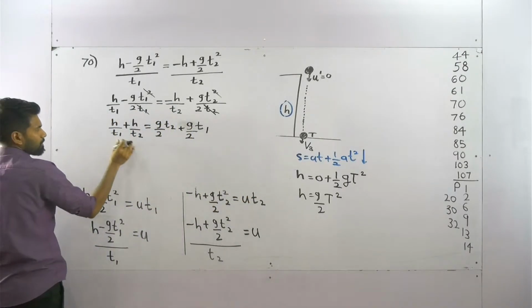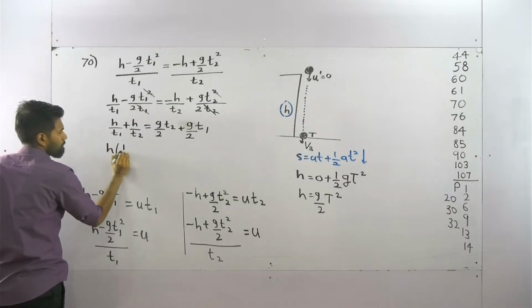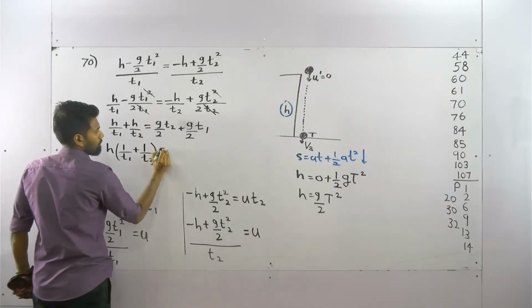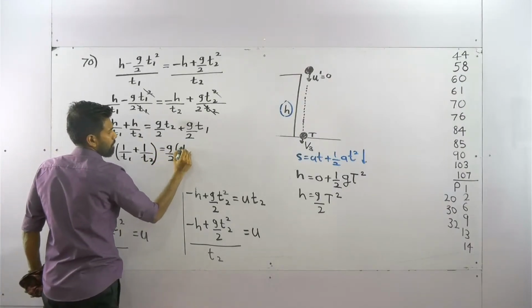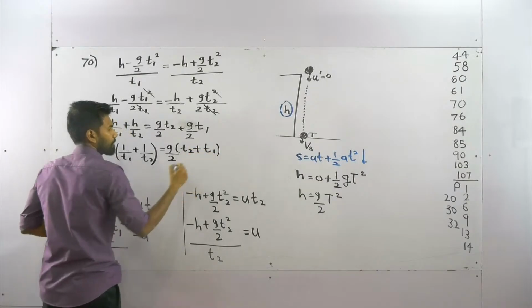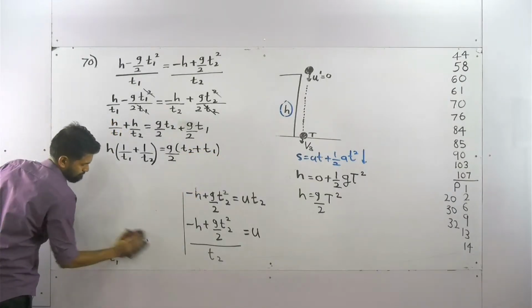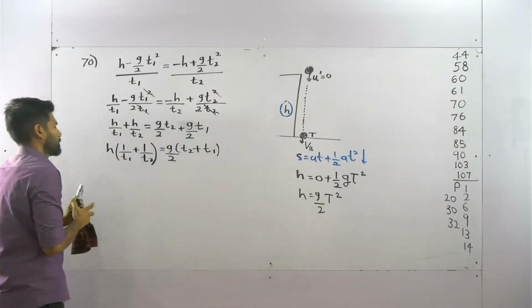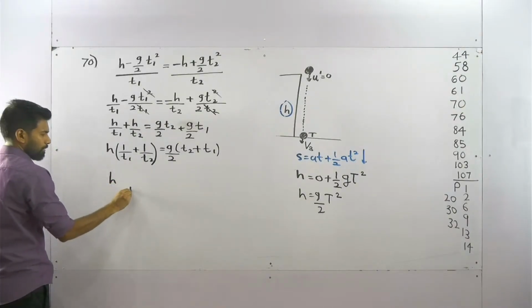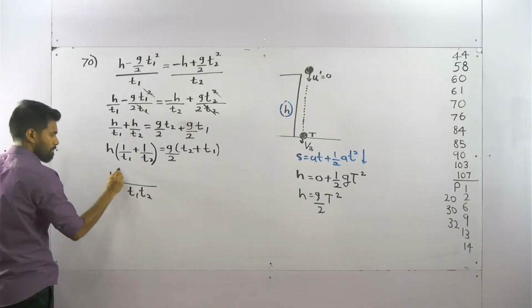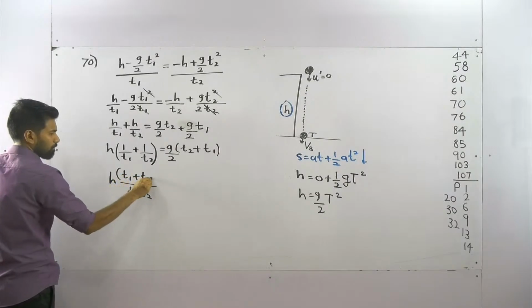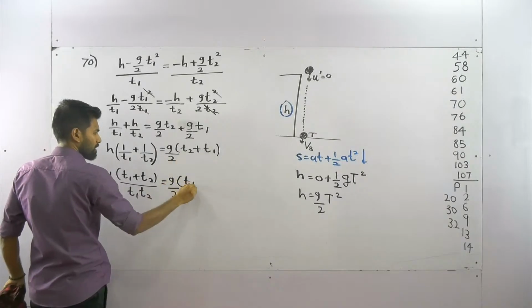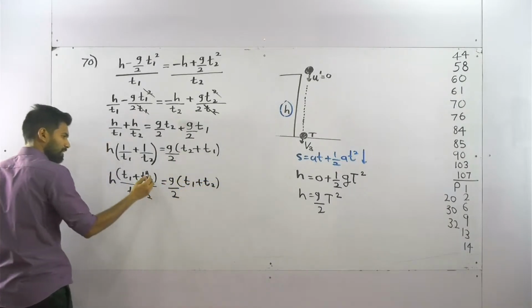And then what can you do? Take h outside: 1 over t1 plus 1 over t2. Take g over 2 outside: t2 plus t1. Okay. h here, 1 over t1 plus 1 over t2 is t1 plus t2 over t1 t2. g over 2 here, t2 plus t1 or t1 plus t2 is the same, and it will cancel out.